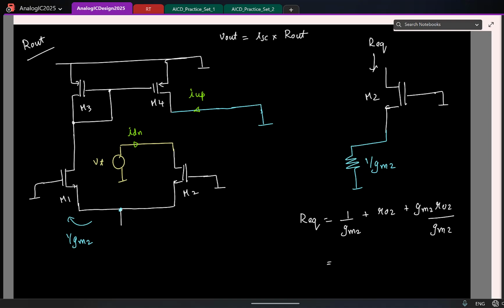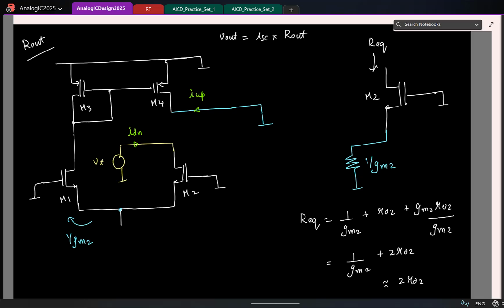So this is essentially what? 1 by Gm2 plus 2 R02. And for practical reasons, if I were to approximate this, what will I approximate it to? 2 times R02. Again, remember the order of 1 by Gm is usually much smaller than the order of R0.